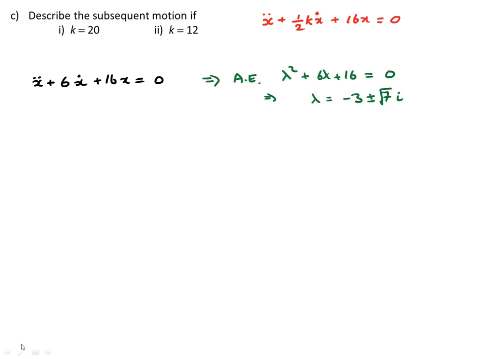So that's got an auxiliary equation of lambda squared plus 6 lambda plus 16 equals 0, which gives me complex roots, lambda equals minus 3 plus or minus root 7i, which means that the general solution of that differential equation is something of the form x equals e to the minus 3t times by p cos root 7t plus q sine root 7t.